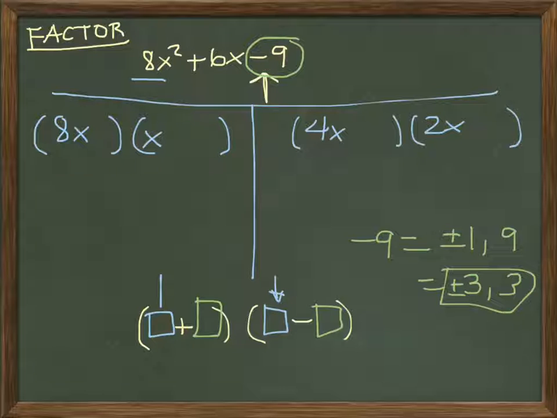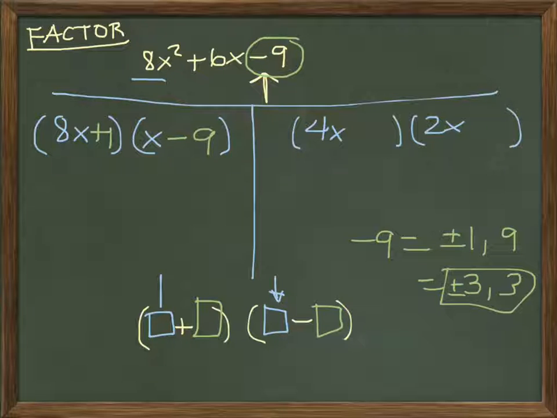So now you have to just start trying. These are my only options, so you start putting these numbers in. One thing you're going to get to know very easily is that some of these are going to get very big. For example, if I put a plus 1 there and a 9 here, this is not going to work.